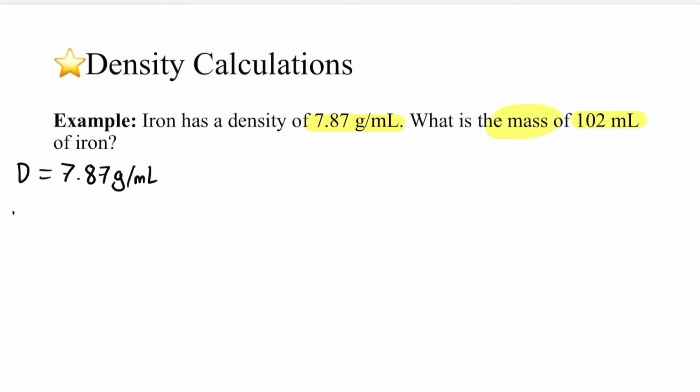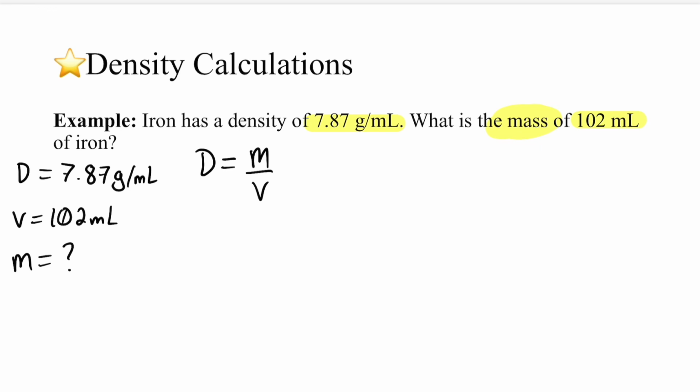They are giving us volume, 102 milliliters. This time they want us to find mass. Again, we know density is mass divided by volume. And at this point, once again, you could just plug the numbers in and then solve, or we can first rearrange the equation to solve for mass.